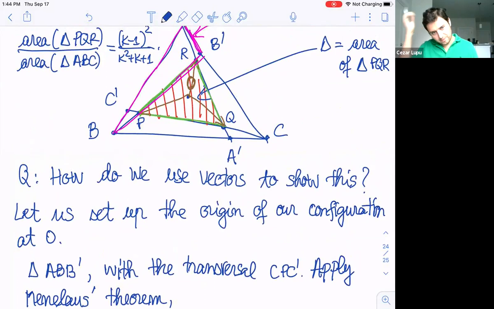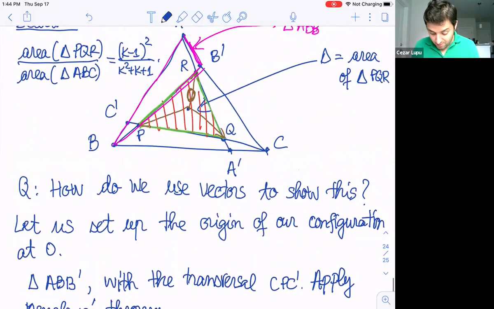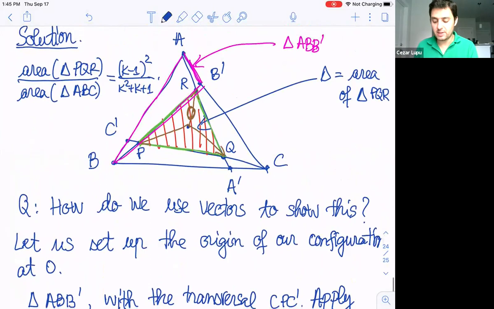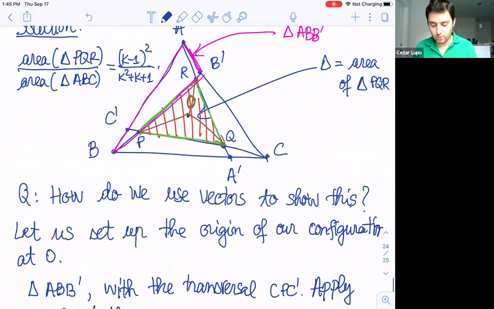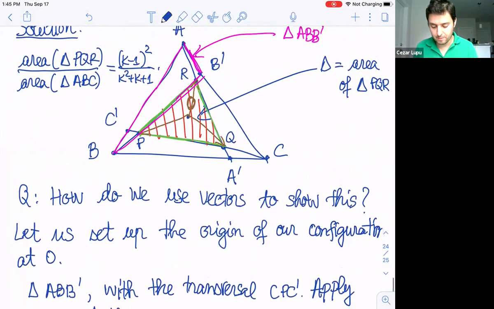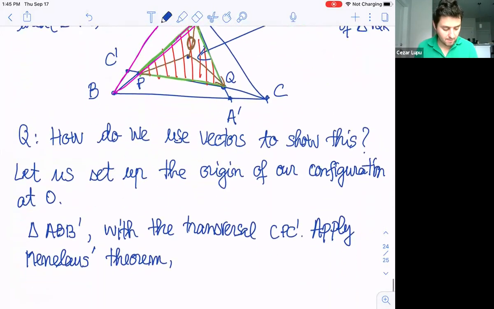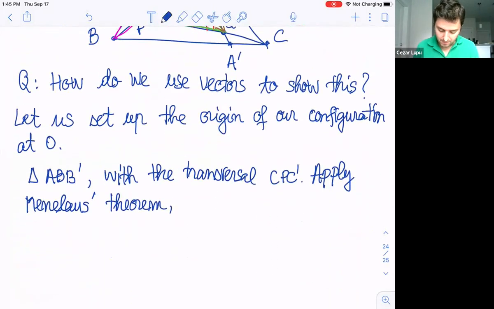Now let's see which point is outside. You see, the point C is outside the triangle. So it will be B prime C. Let's look at the picture together.